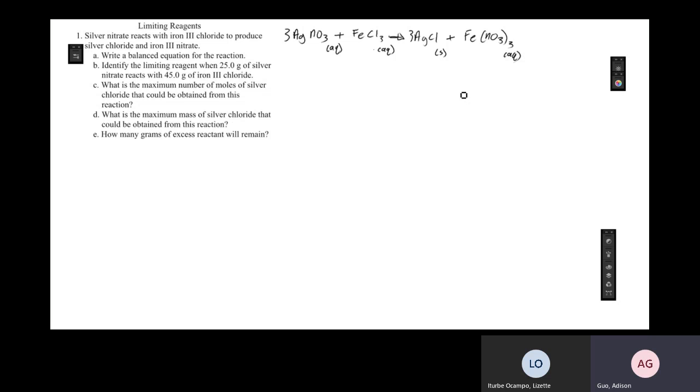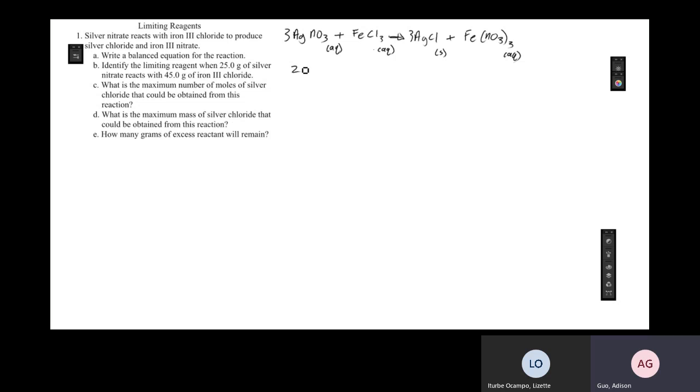I won't go over them right now, but we have a video on how to tell if something's a precipitation reaction. But basically, nitrate is soluble, this is soluble, but this forms a solid. So when you mix these two things, you're going to create this one solid and the rest of this liquid.